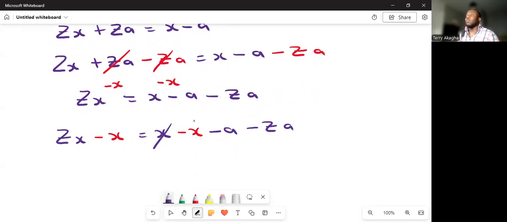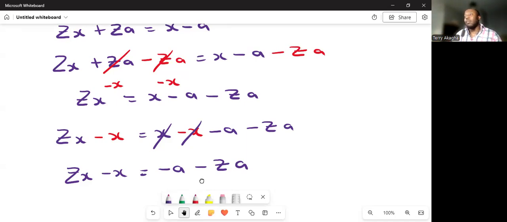So this will cancel that. So we're going to have zx minus x is equal to minus a minus za. As you can see now, we all have the x's on the left-hand side, and we have the other variables on the right-hand side.